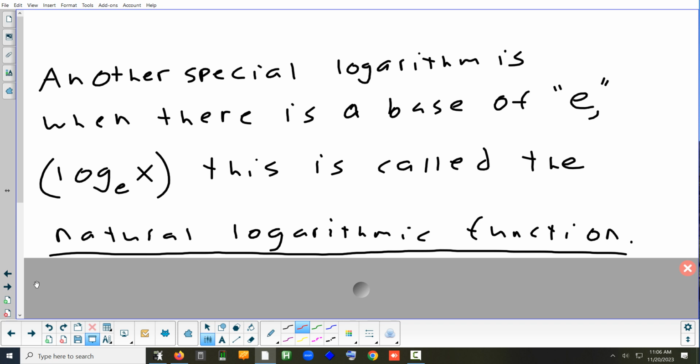There's no special name. Where does e come from? e is named after someone. It's called Euler's constant, and he's German, so his name is spelled E-U-L-E-R, and in German the U is an "oi" sound. So this guy's name is Euler, and that constant is named after him.